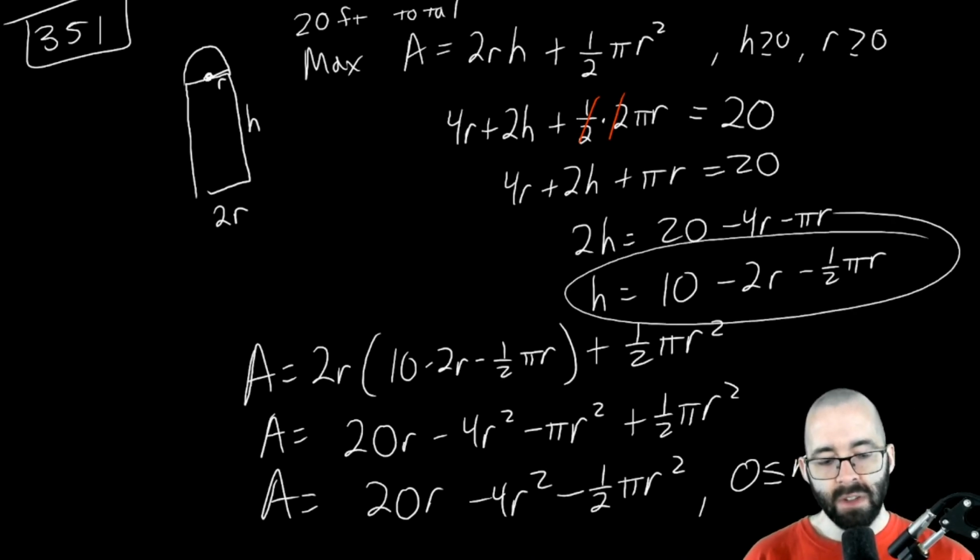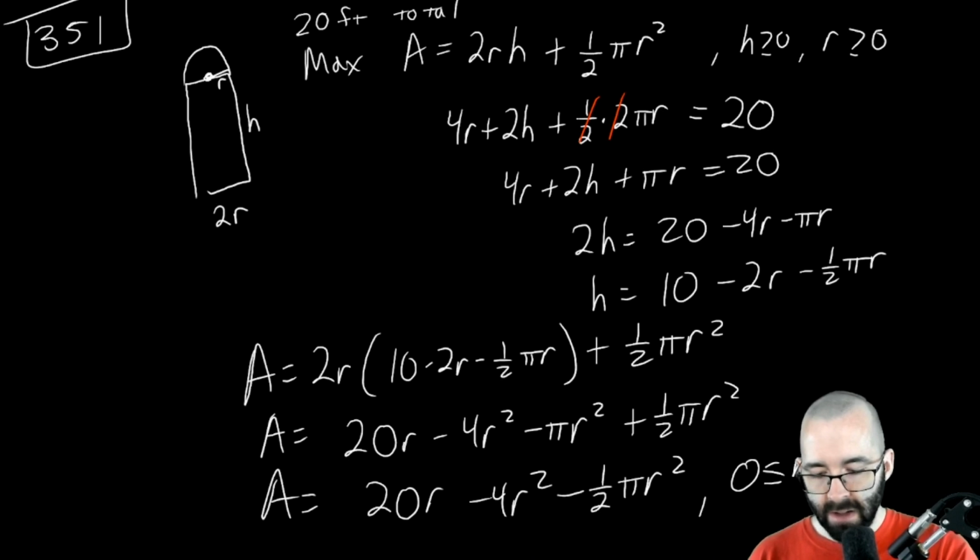Right? When is h equal to 0? You could calculate it to get the upper bound, and I think we have to here. When h is equal to 0, that's our upper bound here. So in 10 minus, let's factor an r out here to get 2 plus pi over 2.